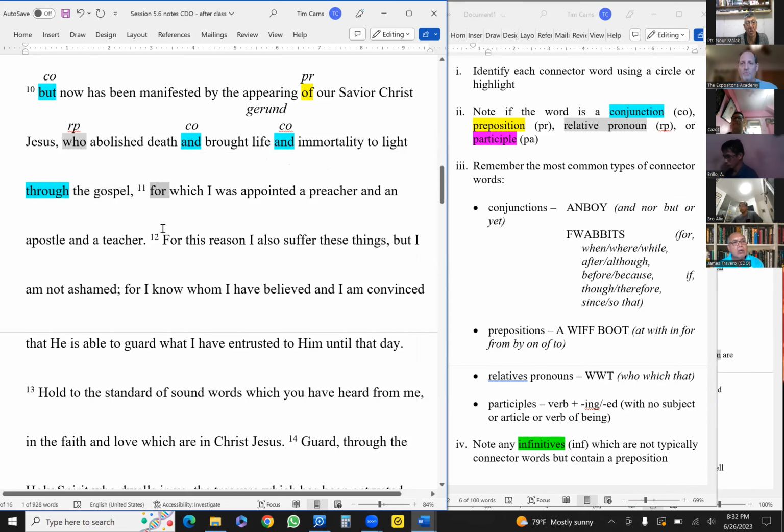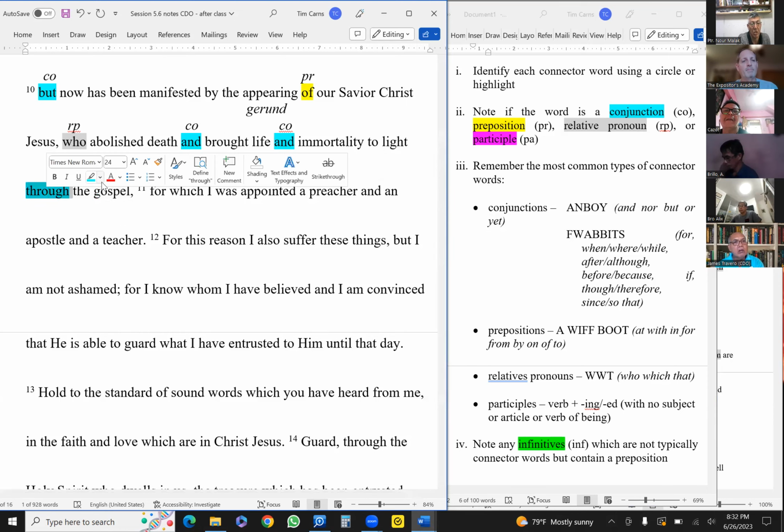For is another connector word. So through the gospel is it. Now, is through the gospel a phrase or a clause? Clause. Excellent. There's no verb here. So through must be a preposition, because prepositions are followed by phrases or nouns in this case. Subordinating conjunctions are followed by clauses.